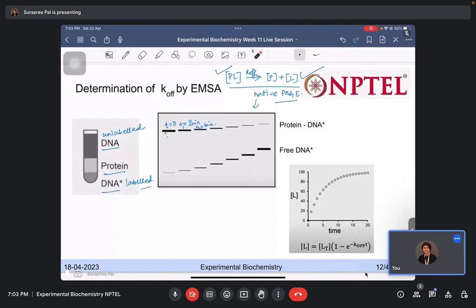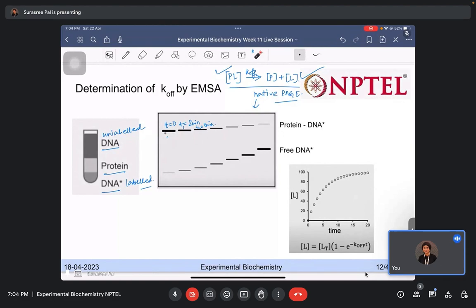So to determine K-off by EMSA, the reaction has to be slow enough, with slow binding kinetics, so that if we keep adding the sample at 2 minute or 5 minute intervals, we can still calculate the K-off from it, right? So that is the limitation of this kind of experiment.